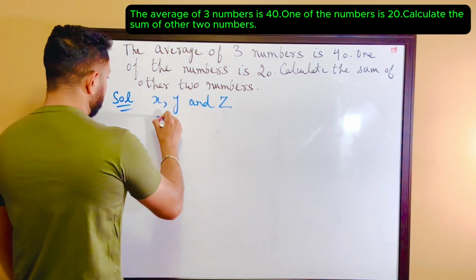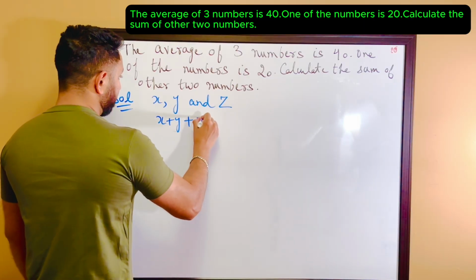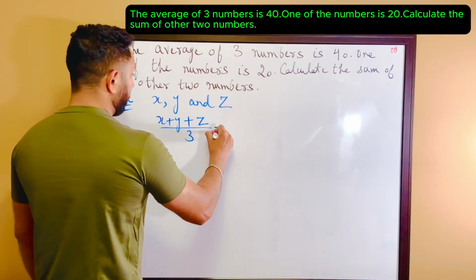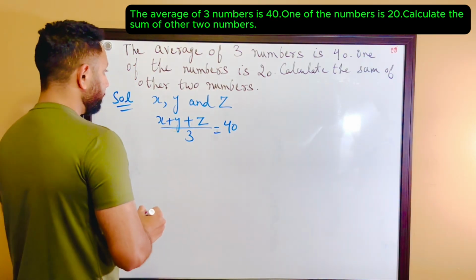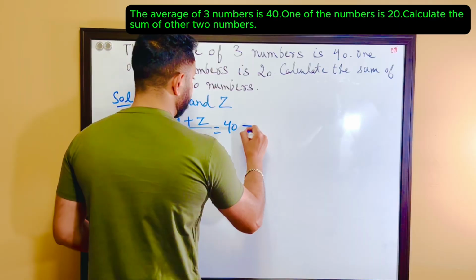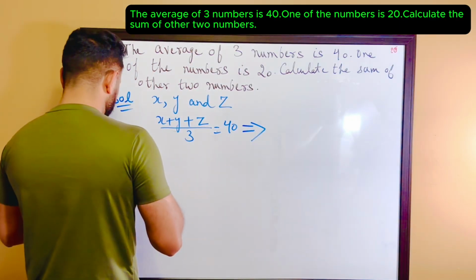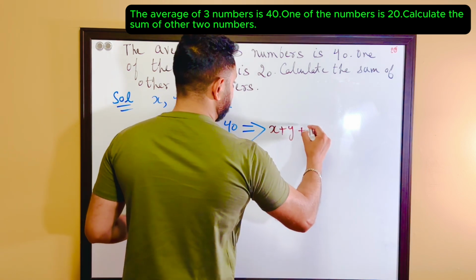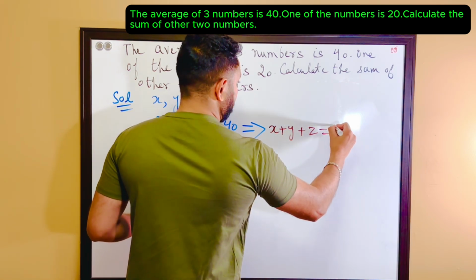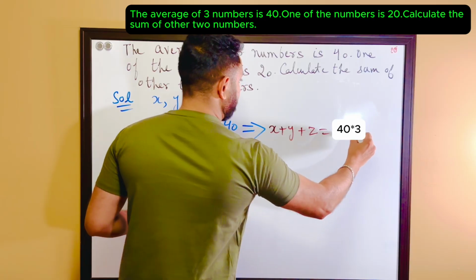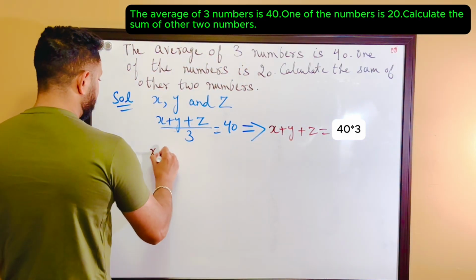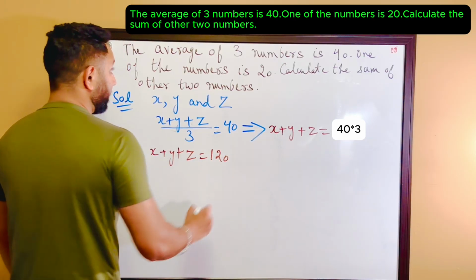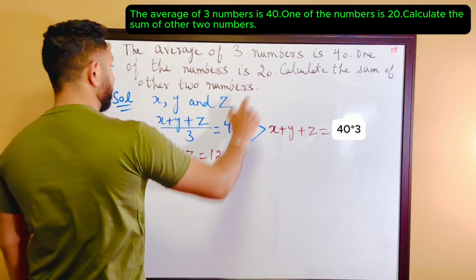That means x plus y plus z divided by 3 is 40, and this implies x plus y plus z is 40 into 3. So x plus y plus z is 120 and one of the numbers is 20.